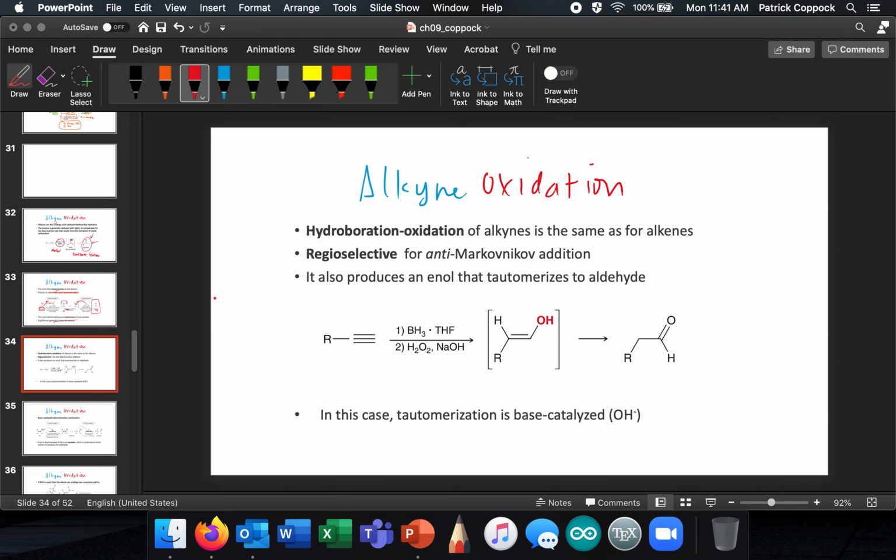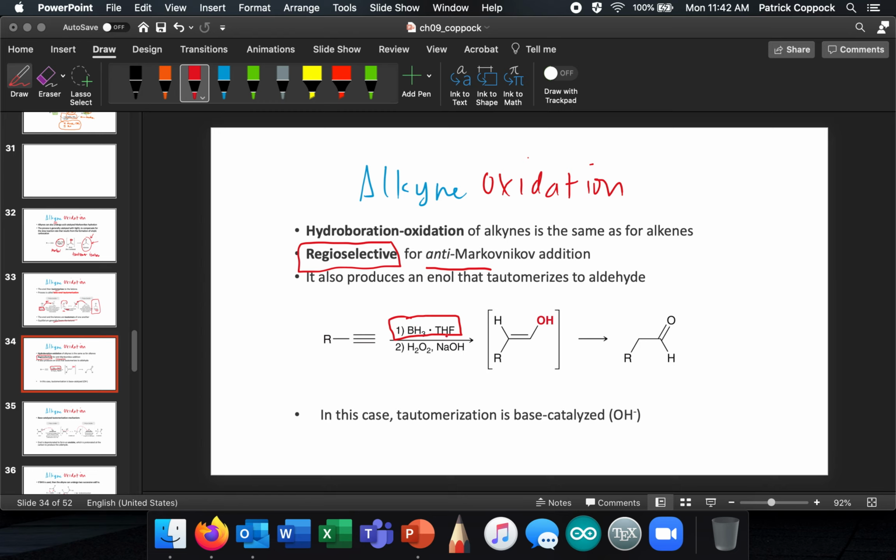If we want to do an anti-Markovnikov addition, which is regioselectivity, we want to do anti. We do it the same way as we did it with alkenes. We do it with a borane THF complex. Man, my vocabulary, I'm really sorry.